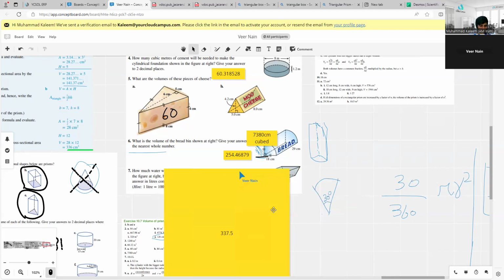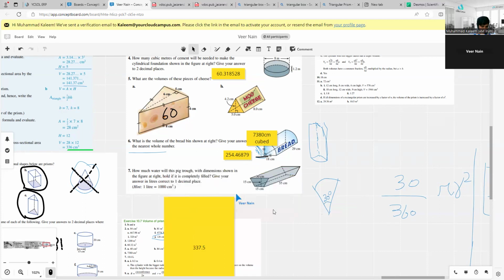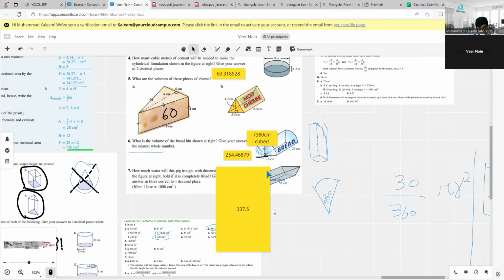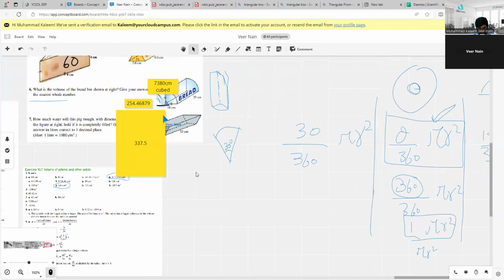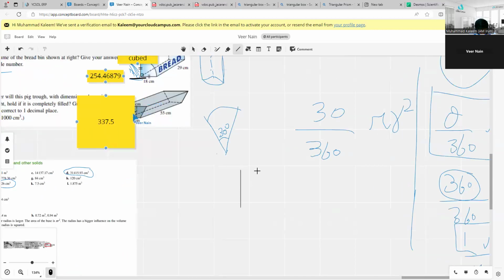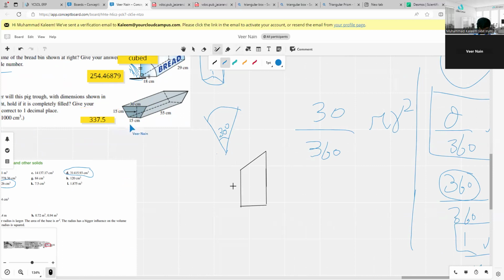You know why we are dividing the sum of the two parallel lines by 2? Let me explain here. Suppose this one is a trapezium, with one side 5 and the other side 7.